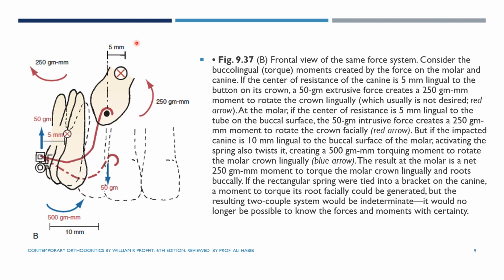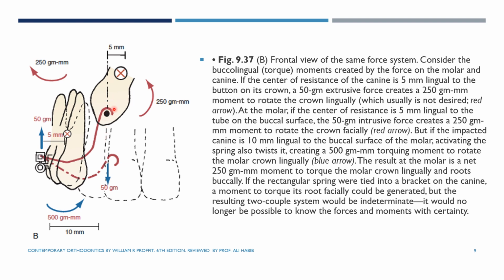This explains to you how difficult it is to apply the force system. If you're not careful in measuring it, you might have undesirable tooth movement. For example, let's say the amount of force we use here was not 50, but 70 or 80. You just activated the wire and didn't even measure it, but it turns out that the force applied was 70 or 80.